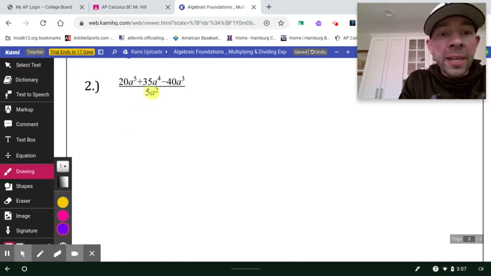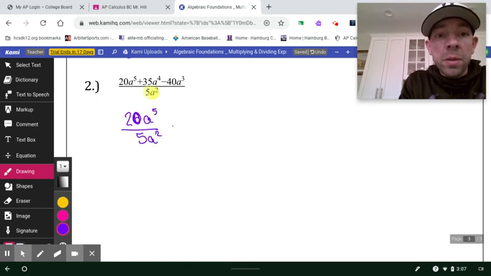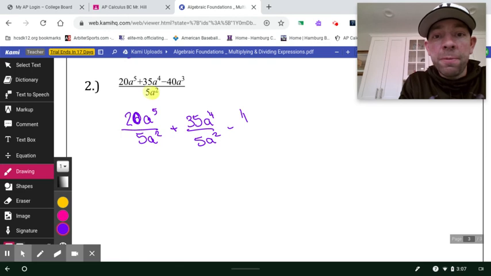We're going to take the first term, 20a to the 5th, divided by 5a squared, plus 35a to the 4th, divided by 5a squared, minus 40a cubed, divided by 5a squared. And as I start to reduce, we could say, well, a coefficient of 20 divided by 5 makes 4.